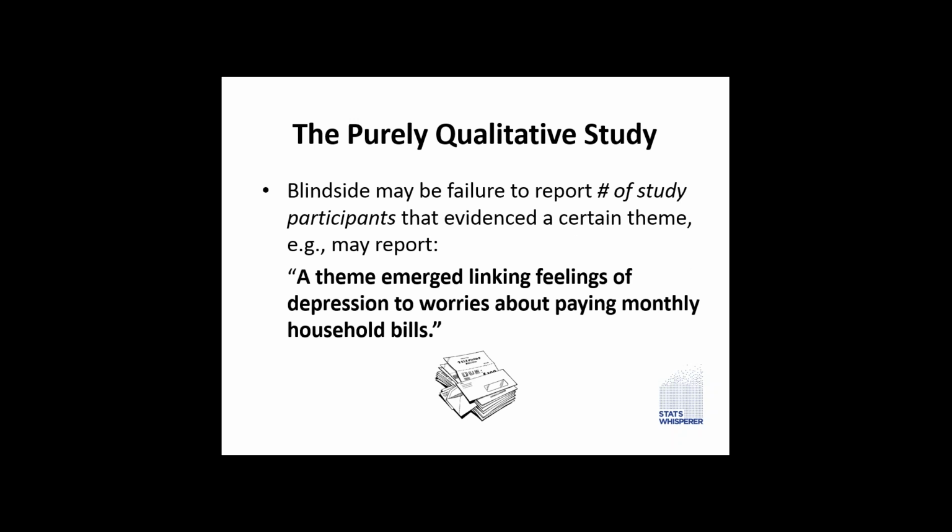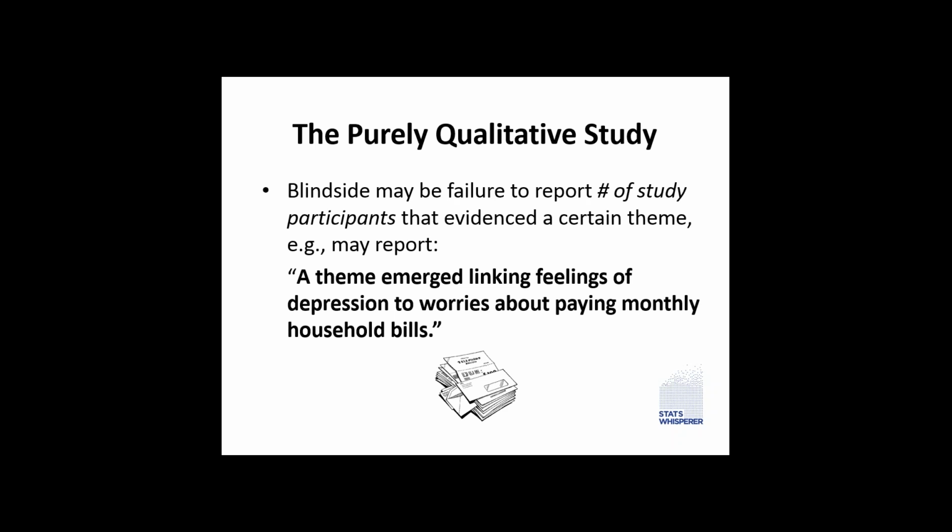So the blind side of the qualitative study might be the failure to report the number of study participants that evidence a certain theme. For example, in many qualitative studies, you might read a statement like this: a theme emerged linking feelings of depression to worries about paying monthly household bills, right?